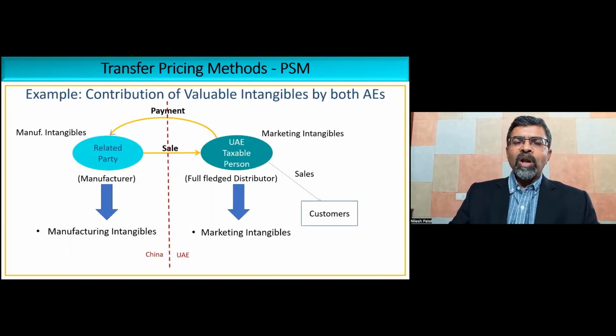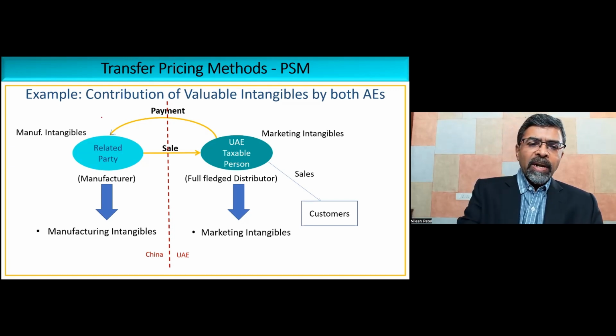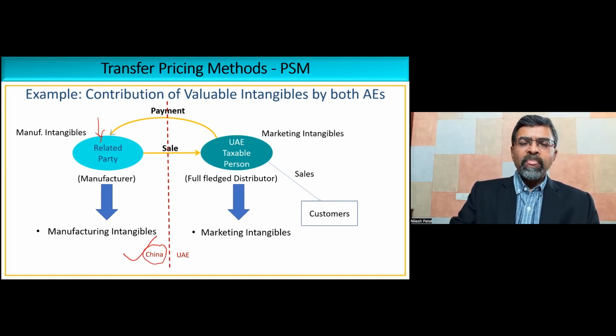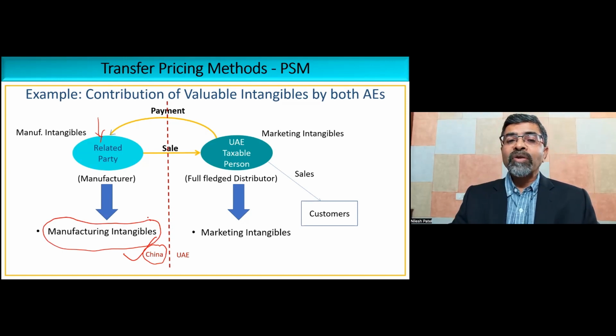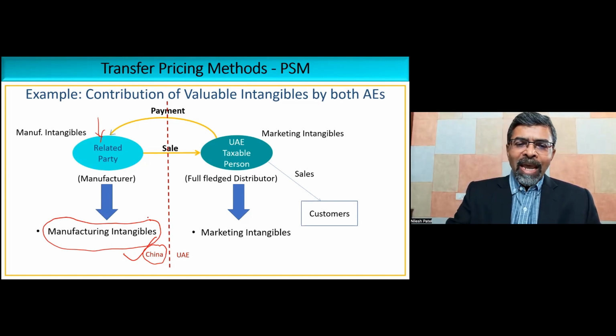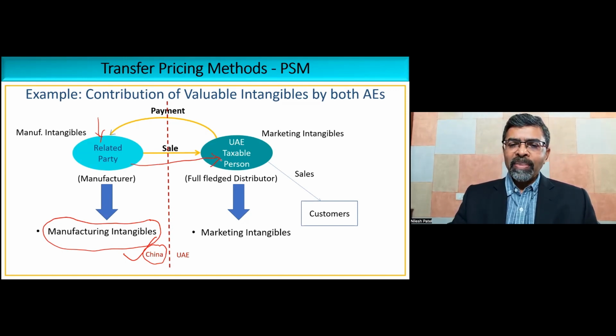Another situation where profit split method can be applied is when both the related parties contribute valuable intangibles. Here related party 1, say it is a manufacturer located in China, deploys valuable manufacturing intangibles like manufacturing technology to manufacture goods like fast-moving consumer goods, automobiles, etc., and then sells those goods to the UAE related party.